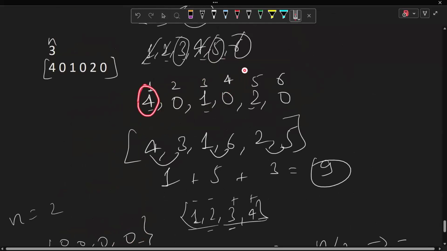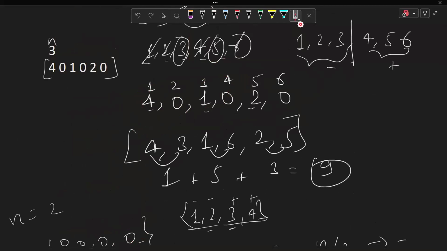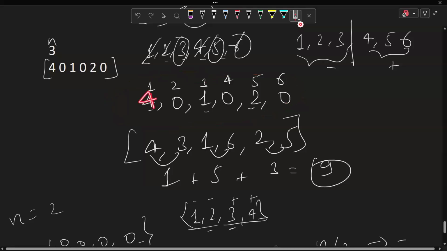So if this pre-assigned value is 4, so you can see for 6 values from 1, 2, 3, 4, 5, 6, you can again divide them, that the first 3 should get minus sign, the last 3 should get plus sign. Now, can you always make sure in this case also? So if you have a 4, this is from the plus sign range, so it should get a partner of a minus sign range.